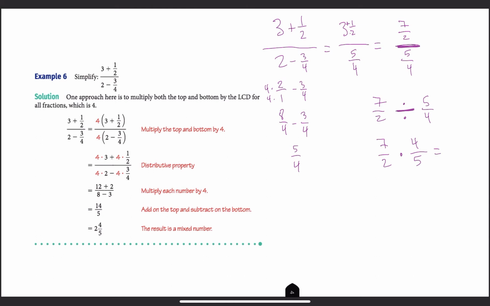And then when you multiply, you can multiply straight across. And then you sometimes have to reduce. So 28 over 10, both are divisible by 2 because they're both even. So I'll just start with that and see where it gets me.